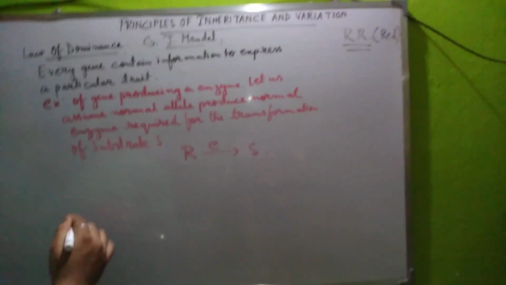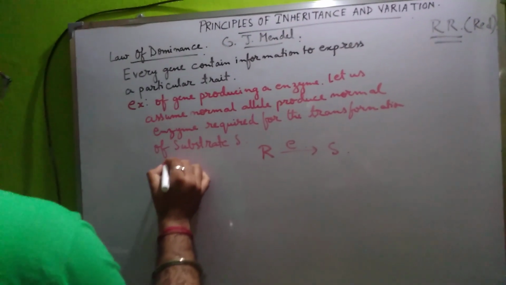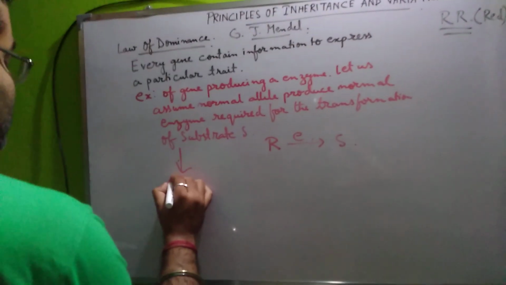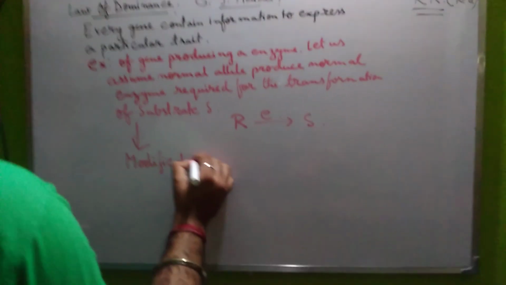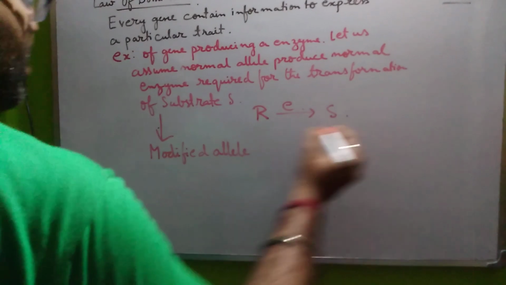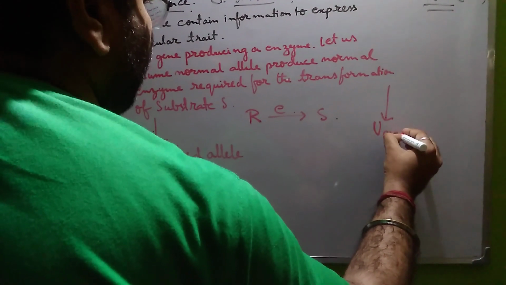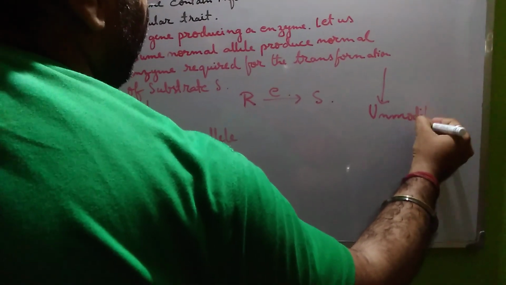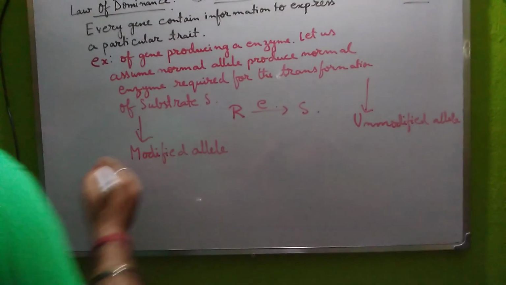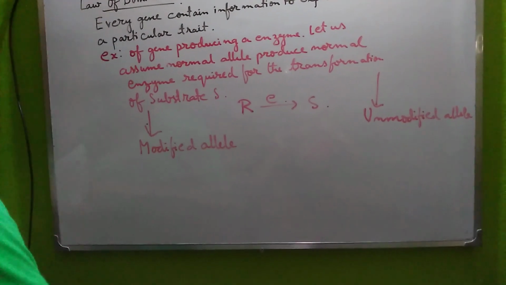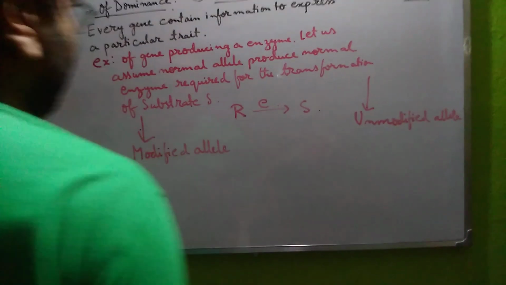Now, based on this, let us talk about two types of alleles that can be formed. One can be a modified allele, the other can be an unmodified allele. Modified allele, what does this mean? Or rather, the unmodified.